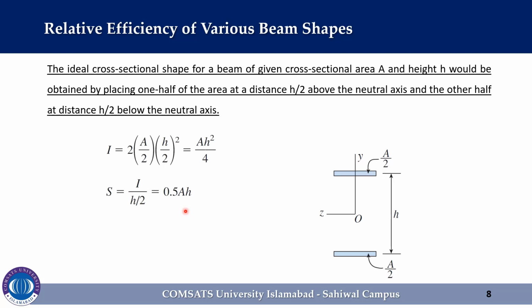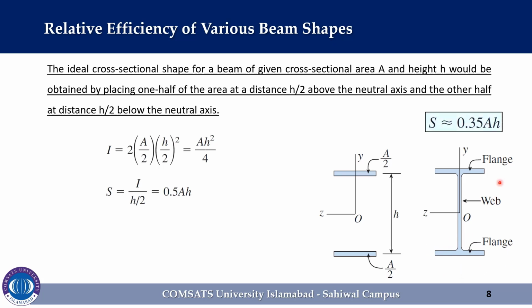These theoretical limits are approached in practice by wide flange sections and I sections, which have most of their material in the flanges. For standard wide flange beams, the section modulus is approximately 0.35 Ah, which is less than the ideal but much larger than the section modulus for a rectangular cross-section of the same area and height.